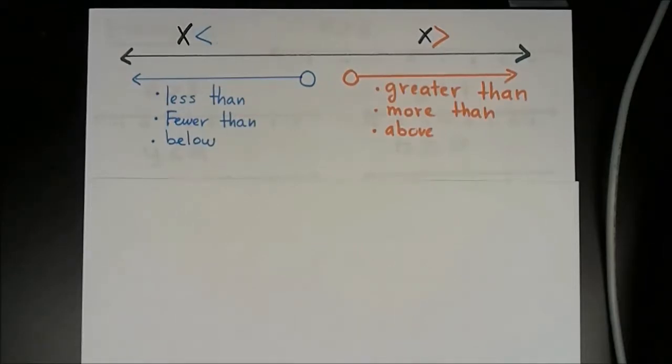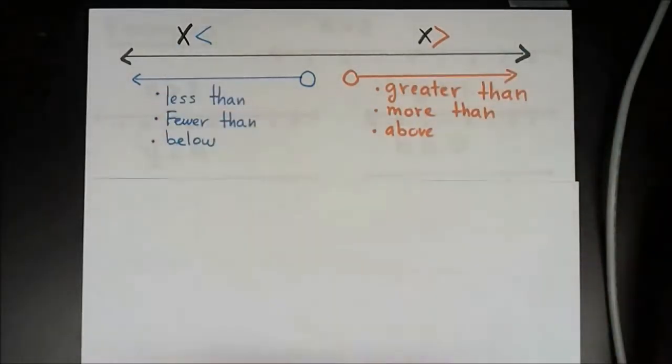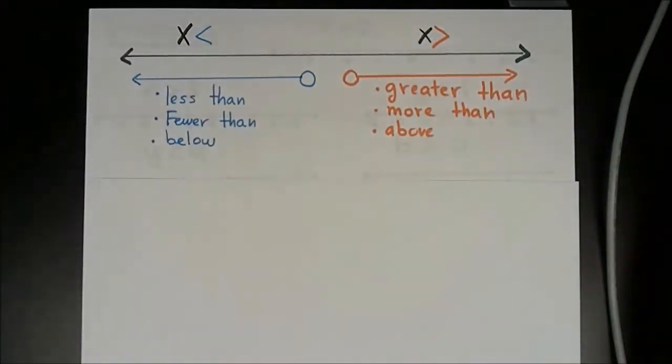On the other hand, if you have less than, fewer than, or below, these are all negative statements as I like to call them, or statements that make things smaller, then you want to go to the left side, and the smaller part of the alligator symbol should face the variable. Now, none of these statements actually tell you to include whatever starting point you're starting with.